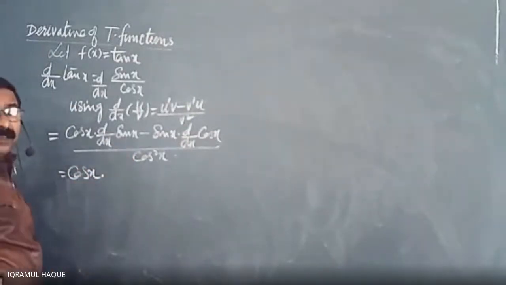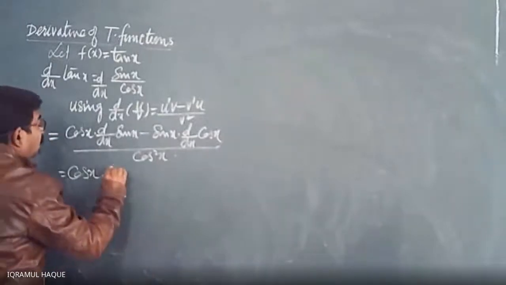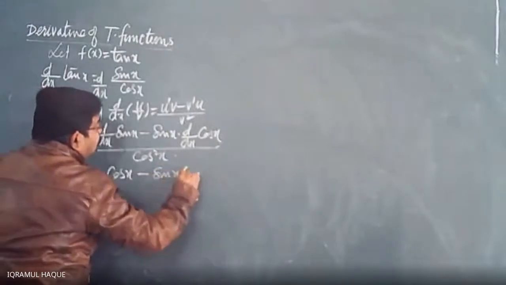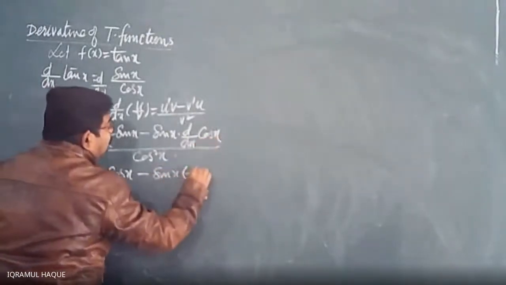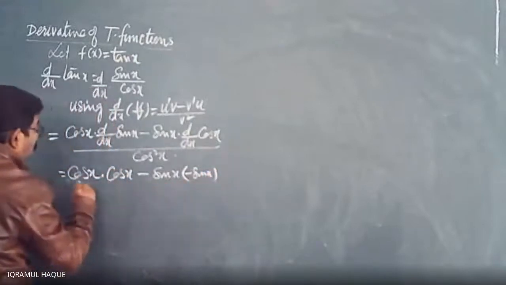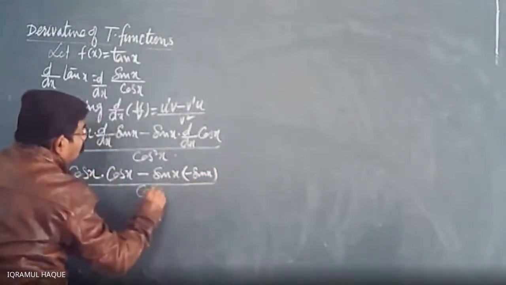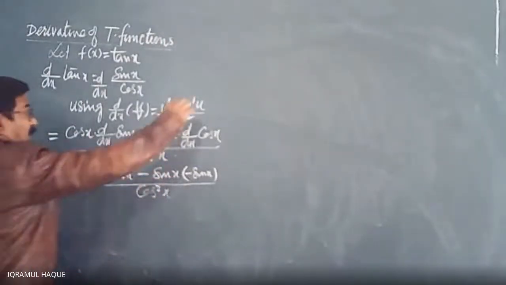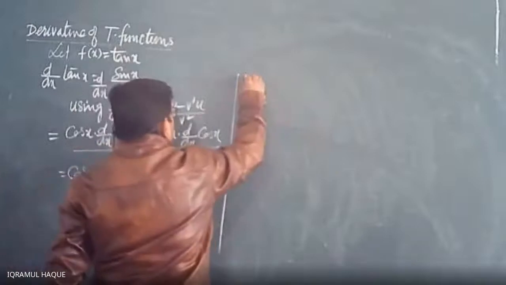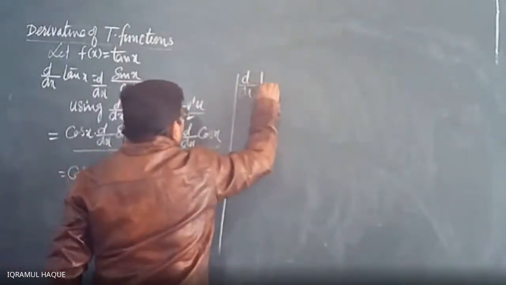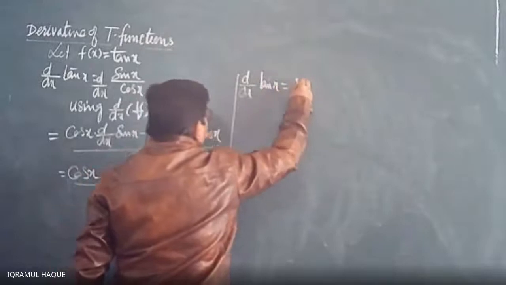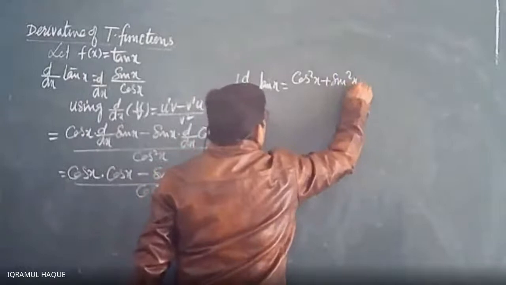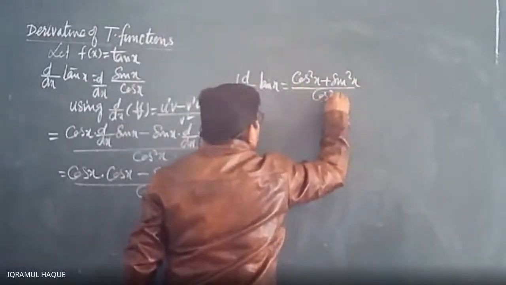Right now we have seen derivative of sin x is cos x into cos x minus sin x into derivative of cos x is minus sin x upon cos square x. So we minus minus plus. So what we have, d of dx of tan x is equal to cos square x plus sin square x upon cos square x.